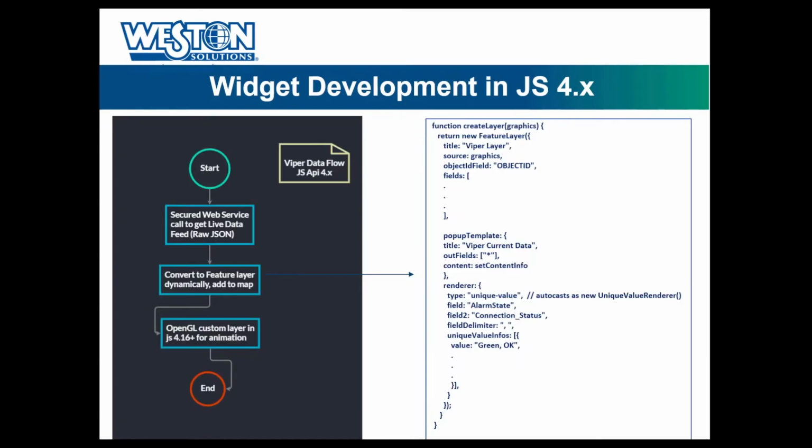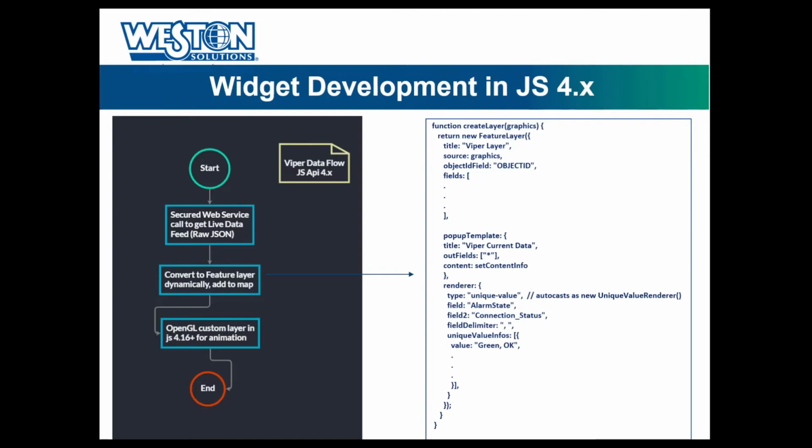So now let's talk about the JavaScript 4.x widget development. Again, we call that same secured web service to get the raw JSON. But using JavaScript 4.x, we no longer have to use that Terraformer library to process the data. We can convert that dynamically into a feature layer and add that feature layer right to the map.